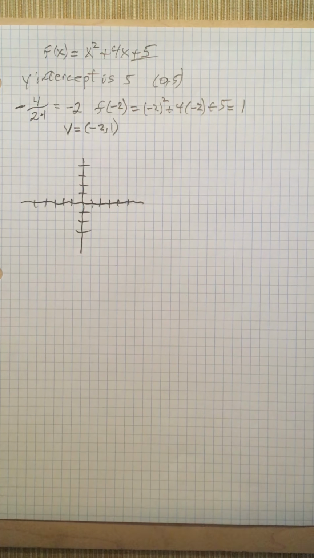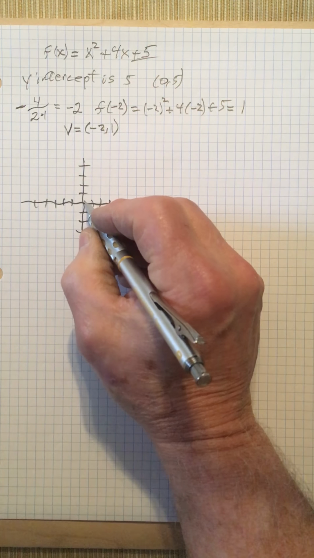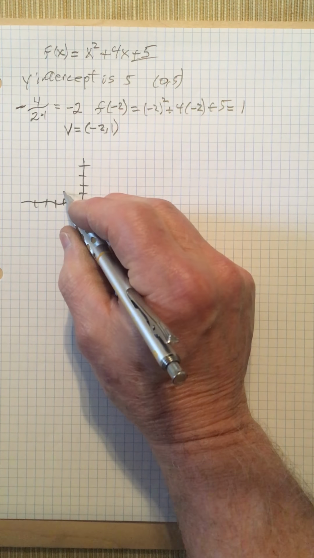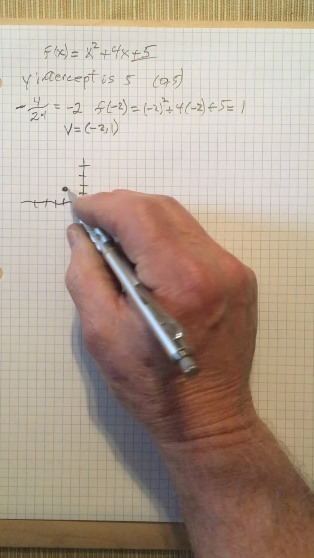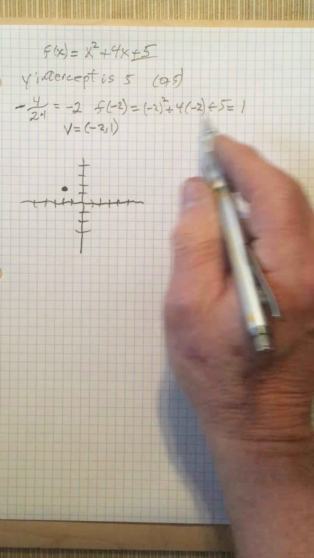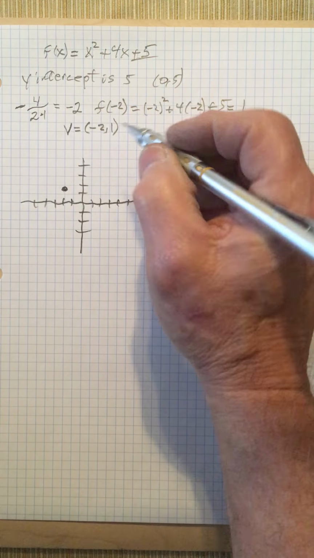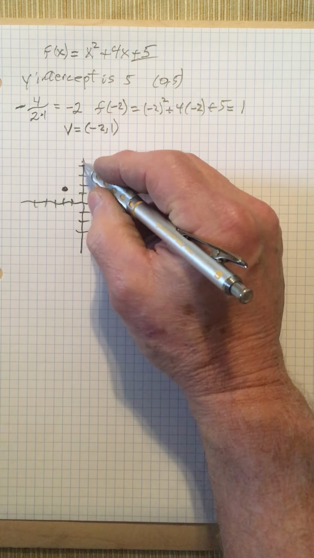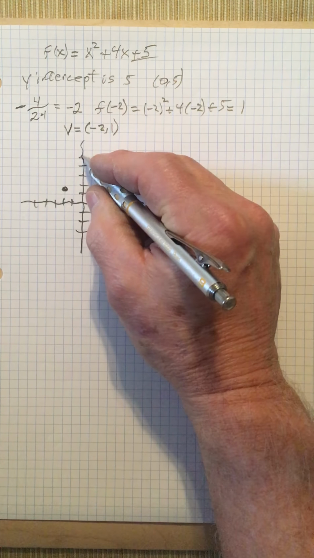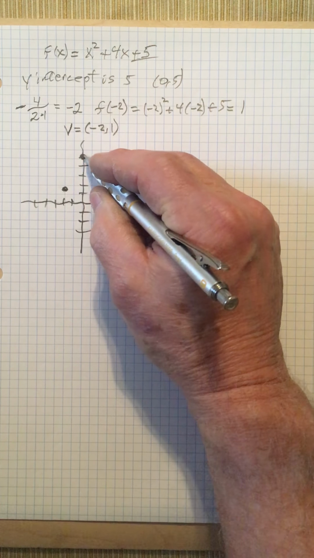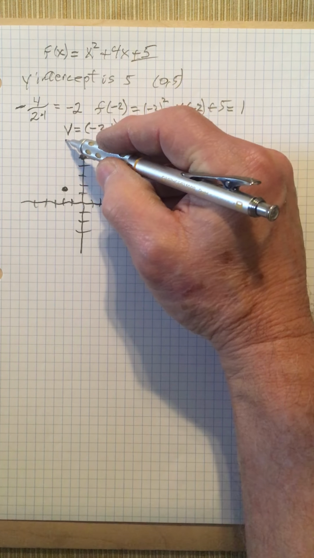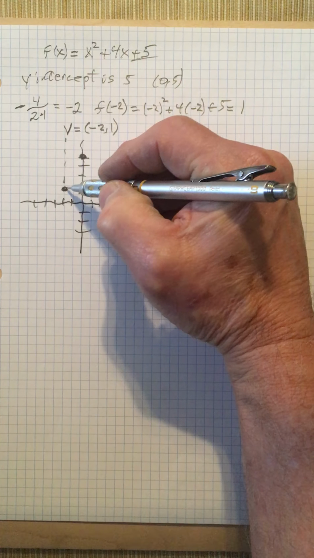Oh, we know it doesn't go down there. Vertex at x equals minus 2, y equals 1, so we're here. Y-intercept is at 5. 1, 2, 3, 4. We need another one here. So the y-intercept is here.